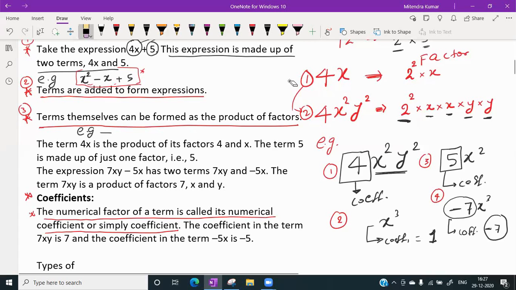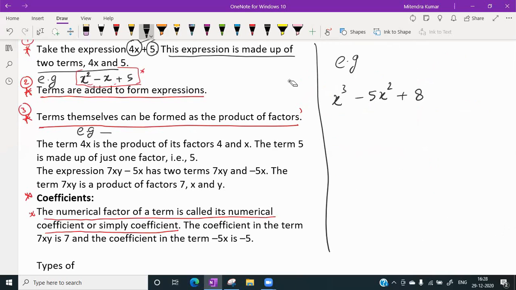I have one example, x cube minus 5x square plus 8 plus 8. How many terms are there in this expression? Anyone? Ruvir, can you answer? Sir, can you repeat the question?